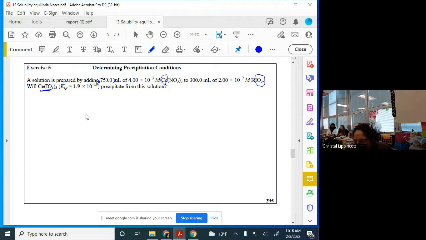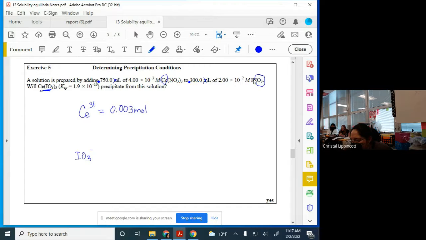So our Ce3+, how many moles did you get for that? 0.003. Okay. And my IO3 minus, we need to move the decimal three spots to get it into liters, and then we're going to multiply these together.